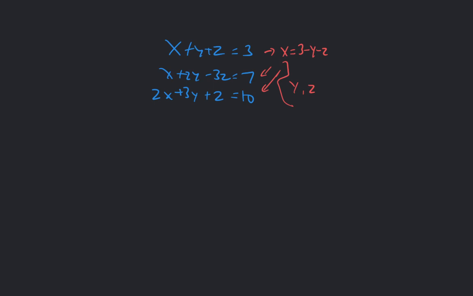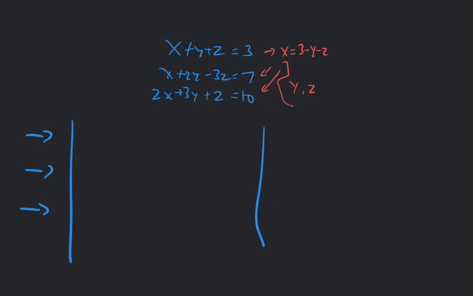So what you would do is you would have each row be a different equation, the coefficients for each.